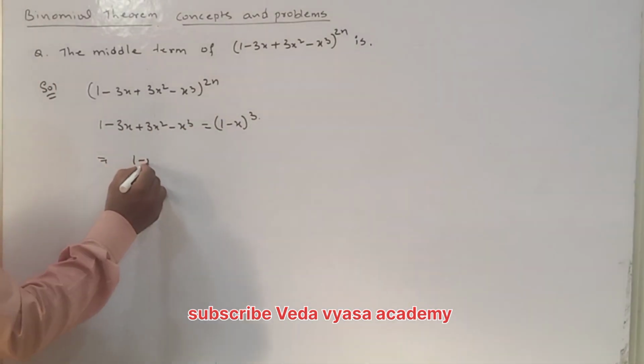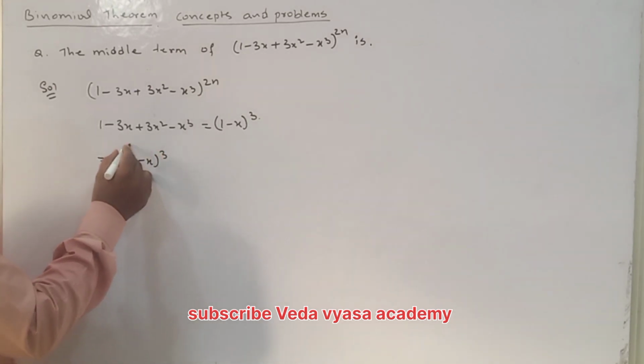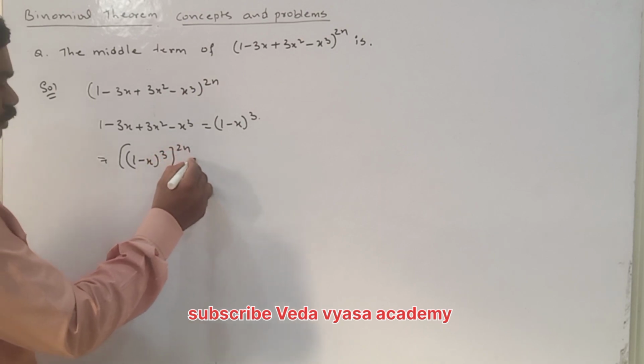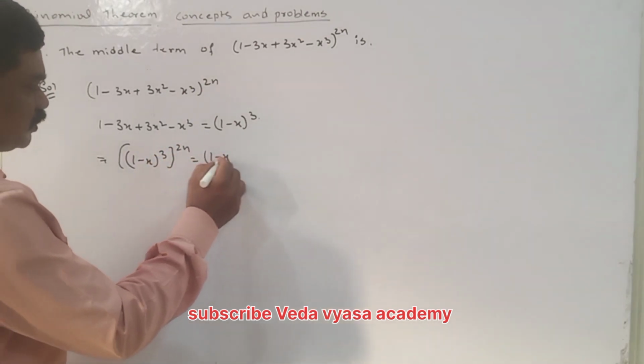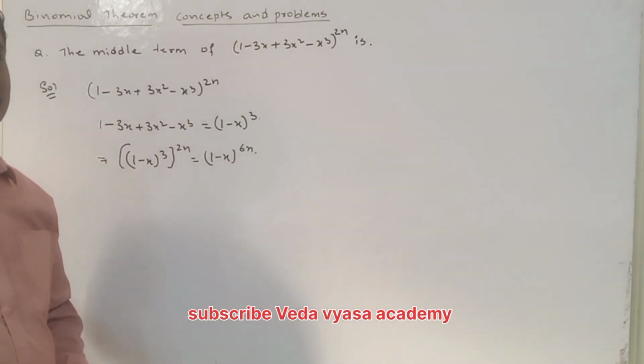Then ((1 - x)^3)^2n is equal to (1 - x)^6n. Here 6n is an even number.